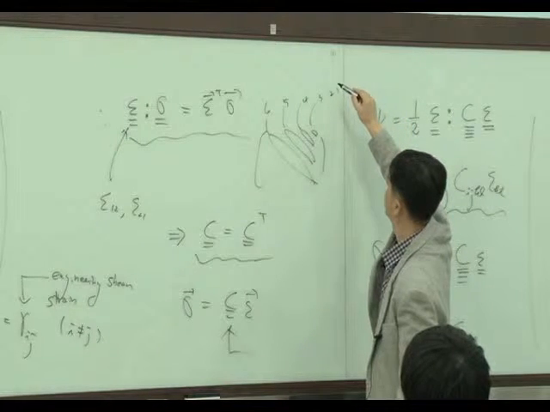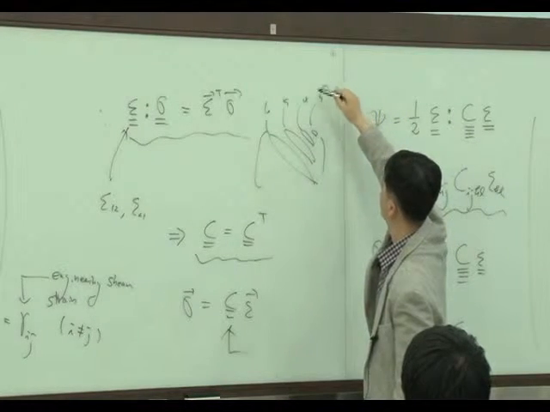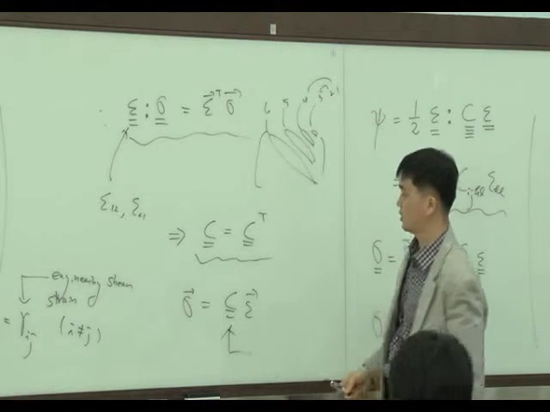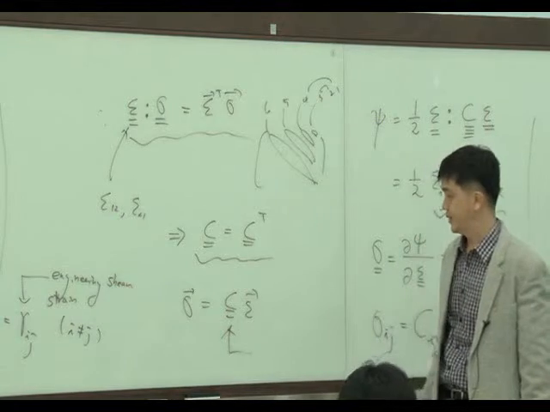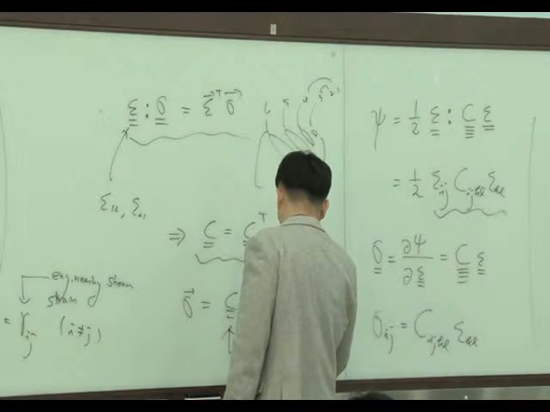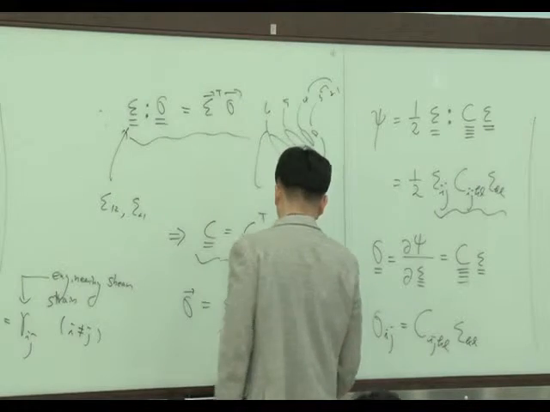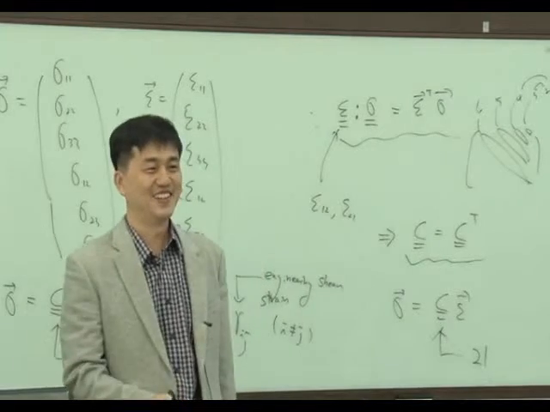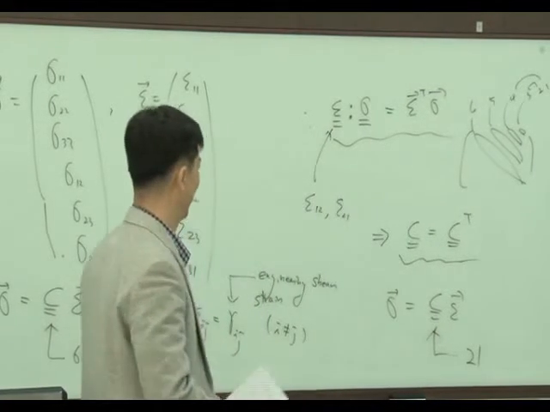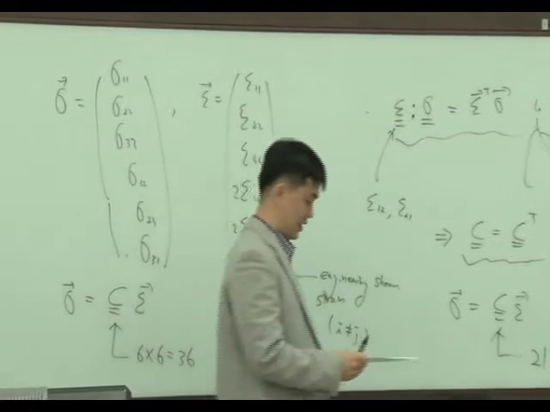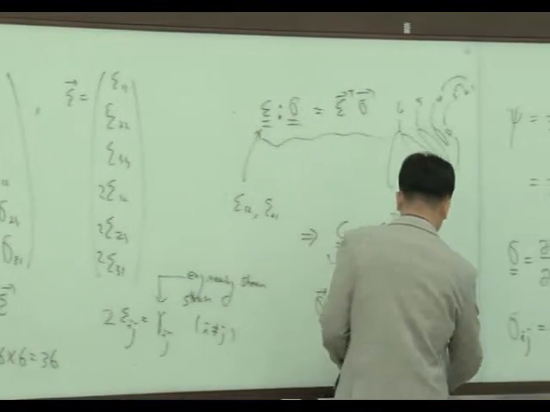Then the total is 21, right? So now we have 21 independent components.